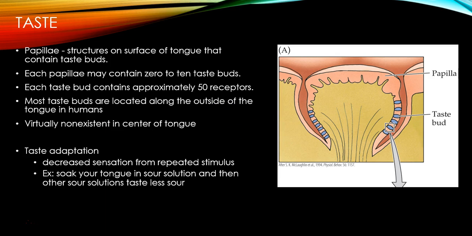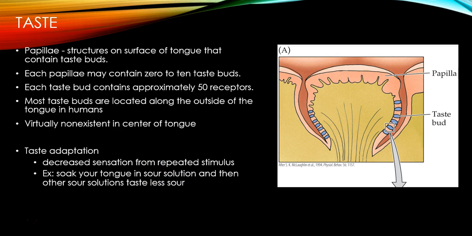Taste buds and your sense of taste undergo adaptation, just like we talked about when we began to talk about sensory processing, in that if you repeat a particular stimulus, you don't taste it as much. So the first time you taste something sour, you taste it quite a lot.